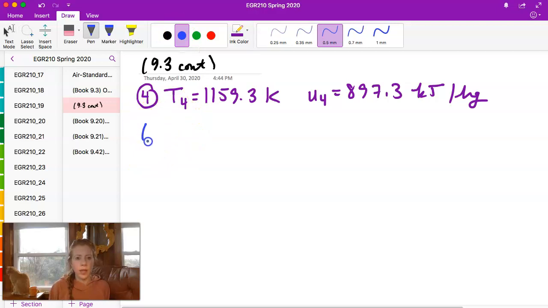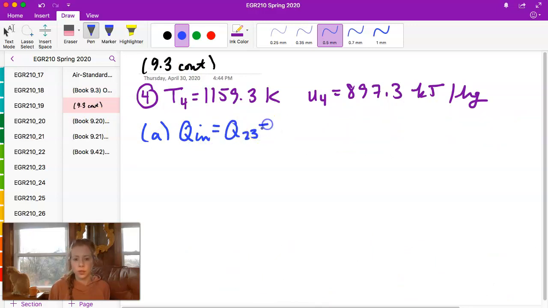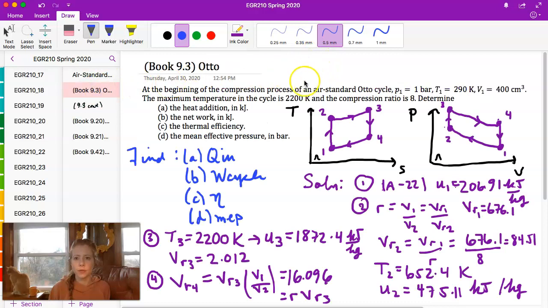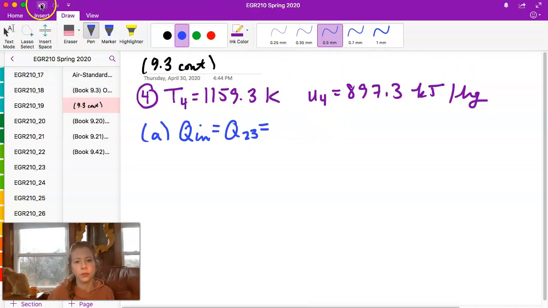All right, so now for part A, we were looking for Q23. You're looking for Qn, which is Q23. And so we were also given that V1, well, let's just write this out first.